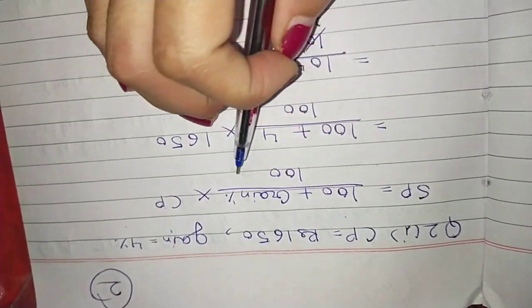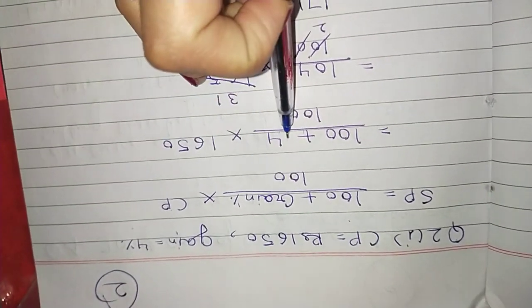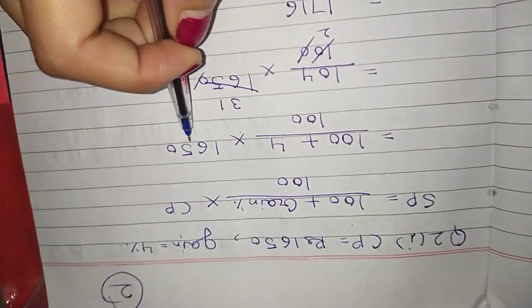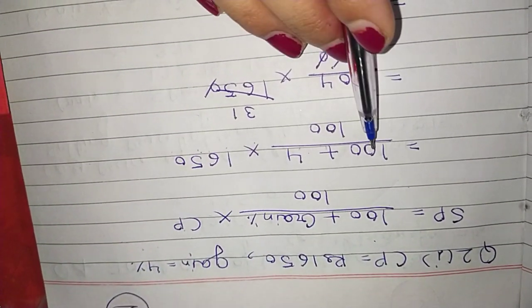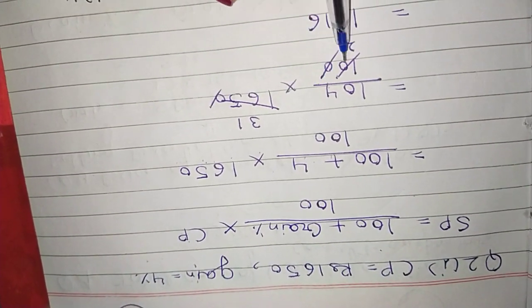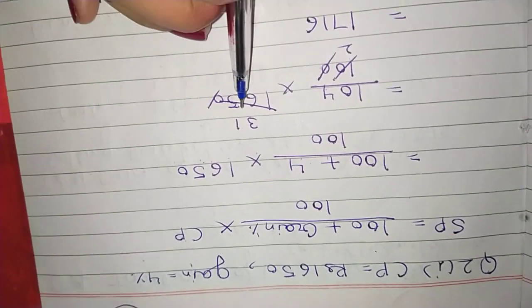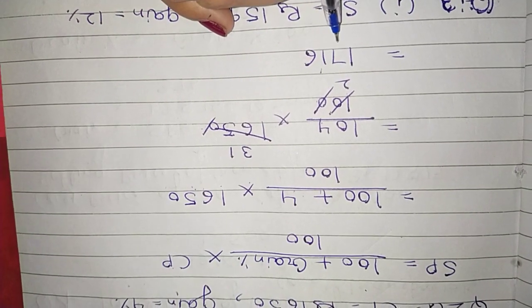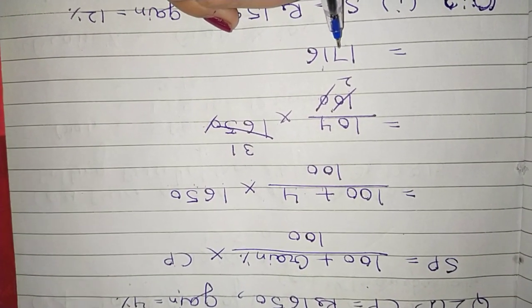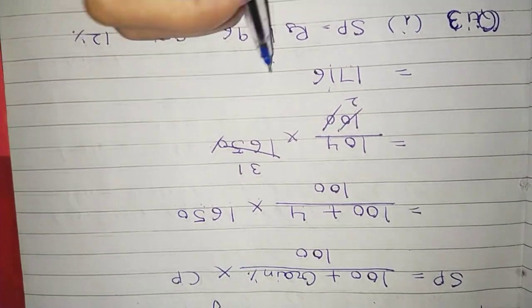So 100 plus gain percentage, that is 4, upon 100 multiplied by the cost price, that is 1650 rupees. Now 100 plus 4 is equal to 104 upon 100 multiplied by 1650, and after the cancellation of these numbers you will get your answer, that is equal to 1716.